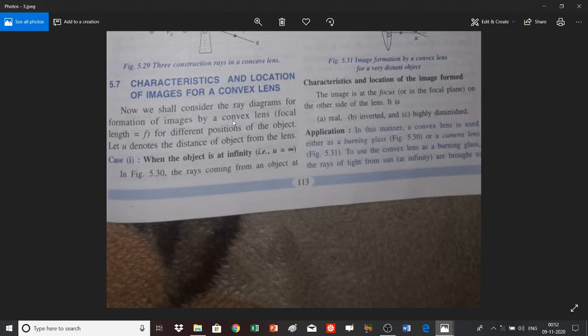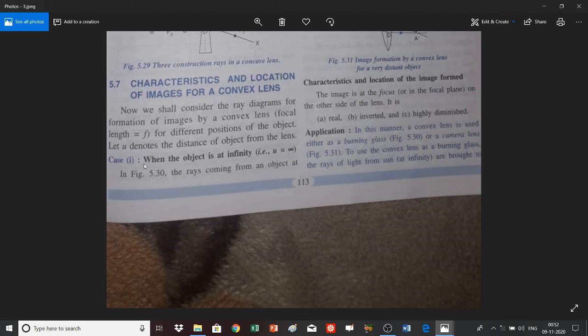Now we will consider different cases of formation of images by a convex lens. Consider that the focal length of the convex lens is f, and the distance of the object from the optical center of the lens is u, that is called the object distance.